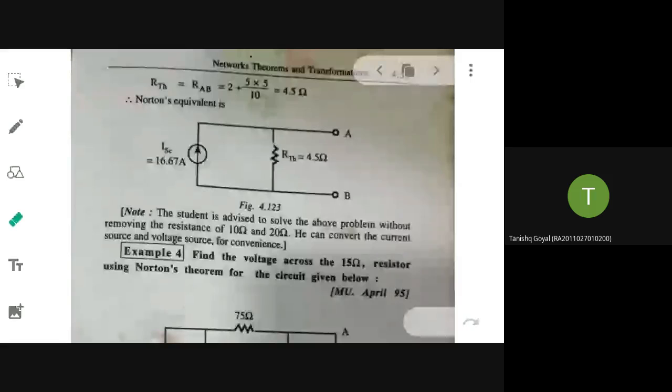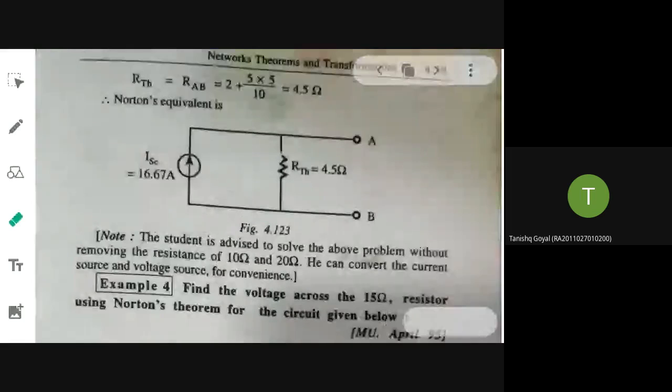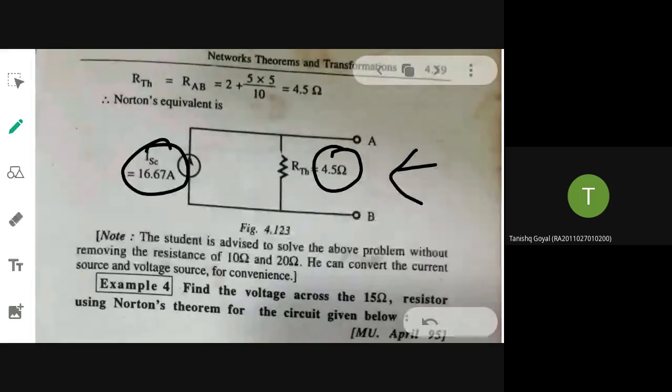Okay, 4.5. Alright? So this circuit is called as what circuit? Norton's equivalent. Yes, Norton's equivalent circuit where the short circuit current is 16.67 and RThevenin is equal to 4.5. Okay. So next problem.